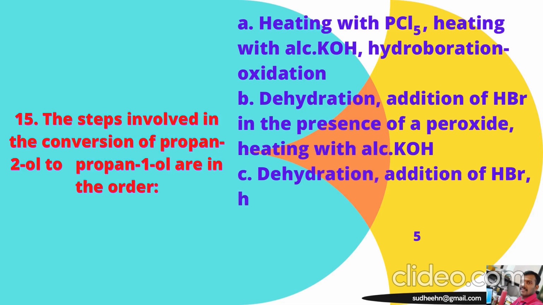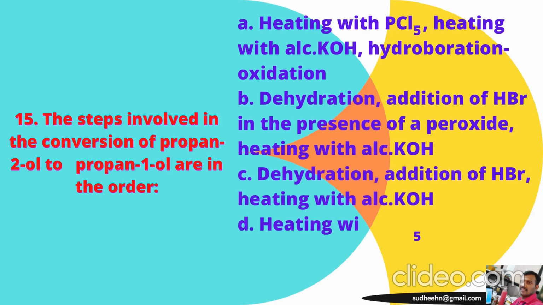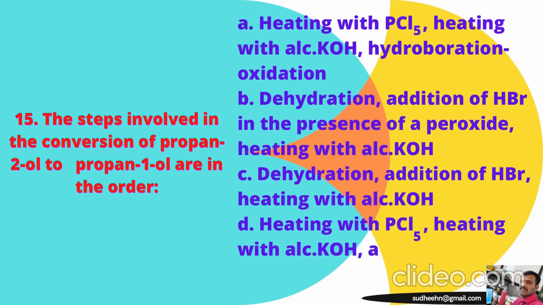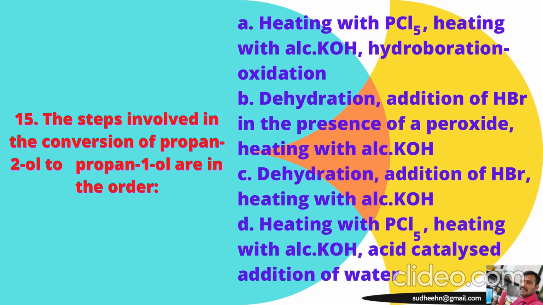Next, dehydration and addition of hydrogen bromide in the presence of a peroxide, heating with alcoholic KOH. Next, dehydration and addition of hydrogen bromide, heating with alcoholic potassium hydroxide. And option D, heating with phosphorus pentachloride, heating with alcoholic potassium hydroxide, acid catalyzed addition of water.